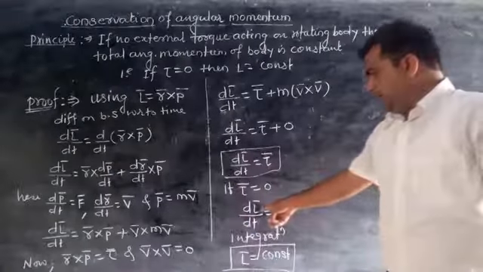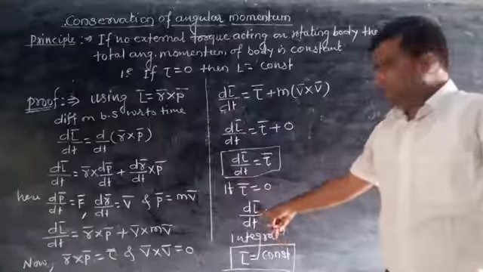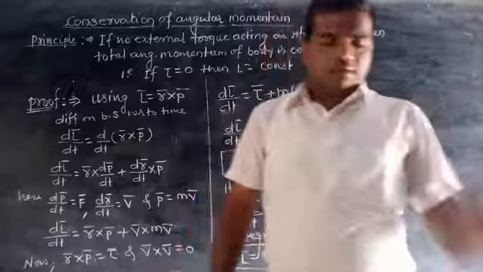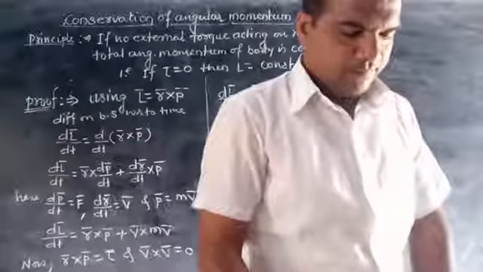If the derivative is 0, it means that this L bar is constant. This is nothing but the conservation of angular momentum.